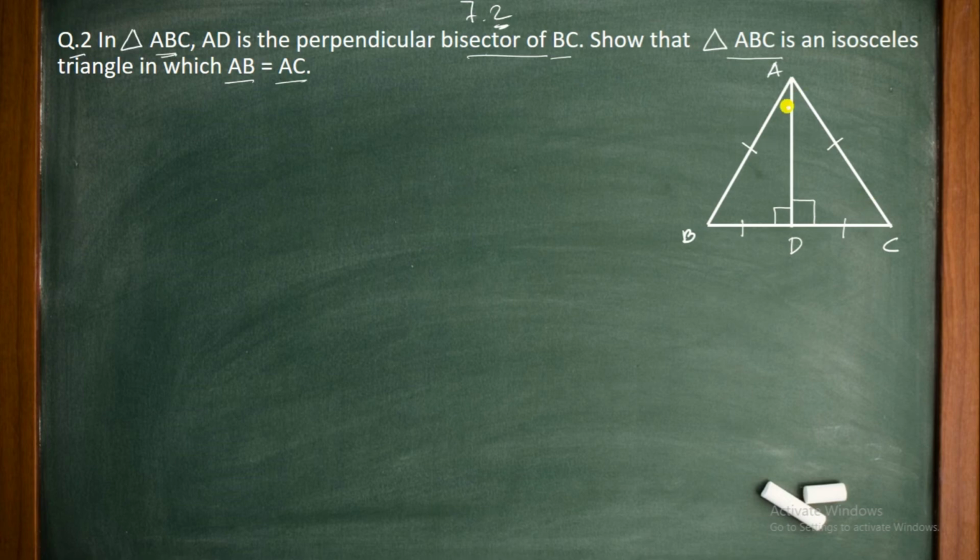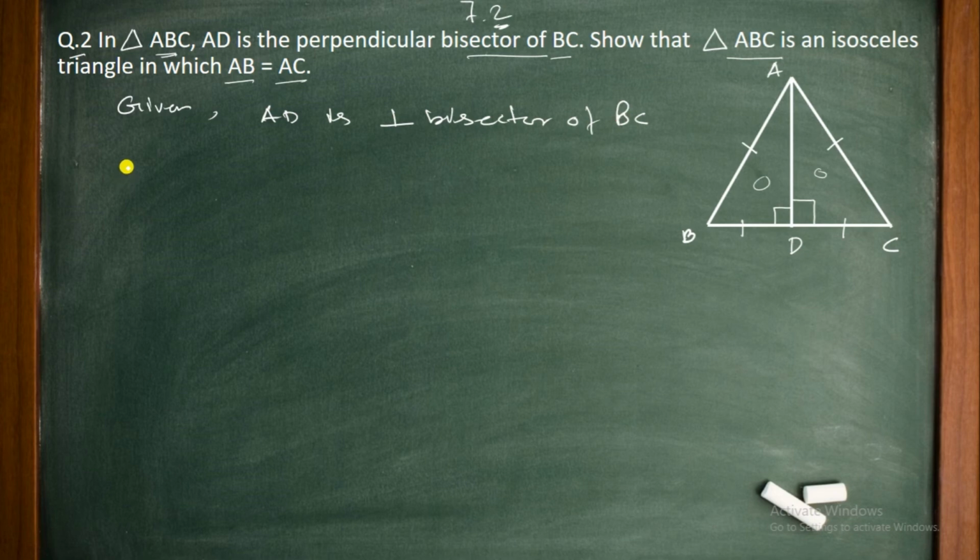So to prove this side and this side equal, we can show this triangle and this triangle congruent. So here we can write given, AD is the perpendicular bisector of BC.